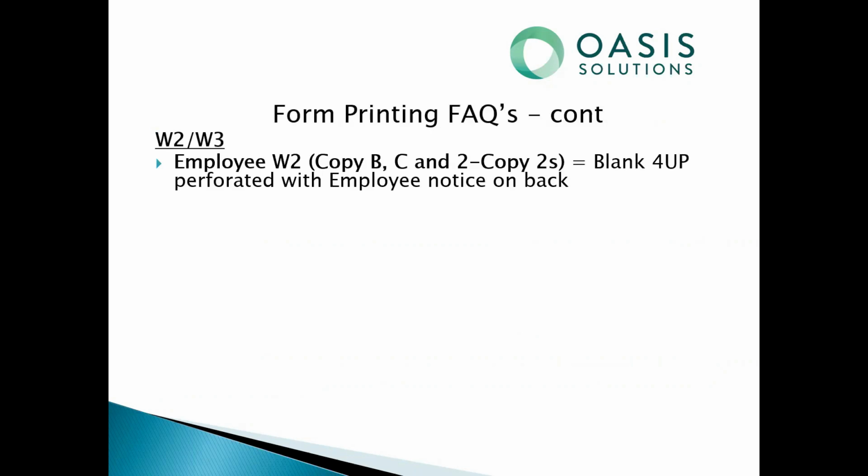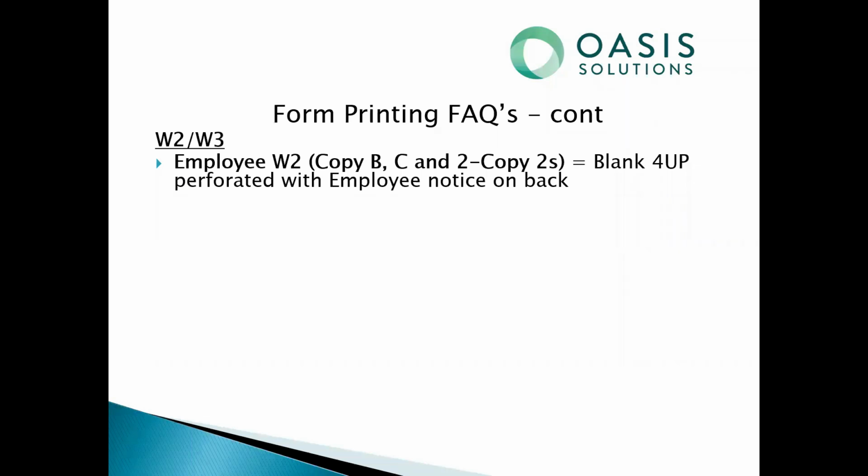So if you are trying to determine how many of the perforated blank 4-up forms you are going to need, let's talk about what prints on the perforated paper and what prints on plain paper. On the W-2 side, copies B, C, and 2 copies of the Form 2, when you're printing the employee version, have to go on the blank 4-up perforated format forms with the notice on the back.